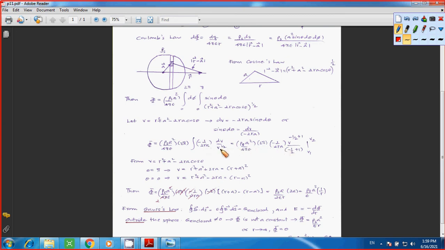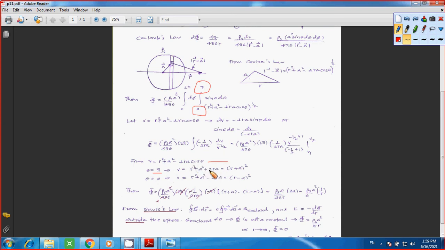And this one is going to be v to the negative 1 over 2. So when you do the integration, you add 1 and divide by negative 1 over 2 plus 1, and take the limits of integration from v1 to v2. Now take a look at v1 and v2. Since for theta the limits of integration are from 0 to pi, when theta is pi, cosine theta equals negative 1.